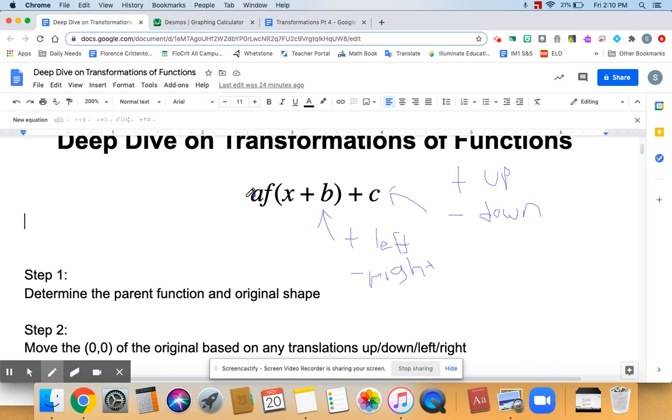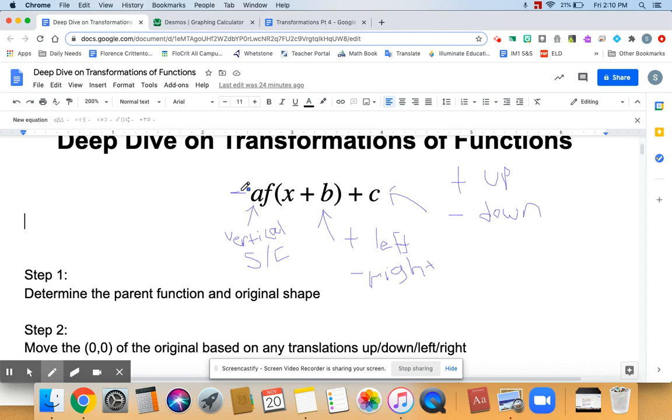Assuming there's no negative in front of this a, what does the a tell you? The a is your vertical compression or stretch, where it's going to either make it taller or shorter. So it's either a stretch, so I'm going to put S, or a C for compression.